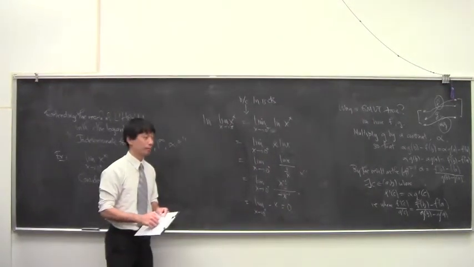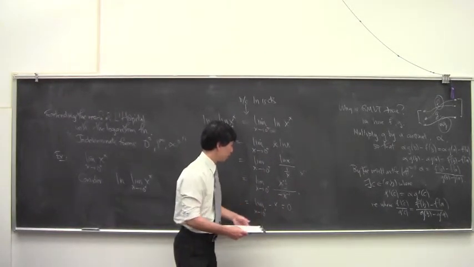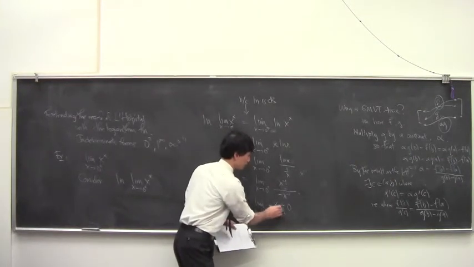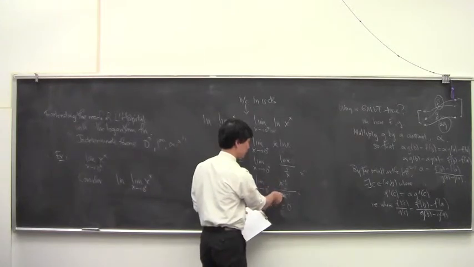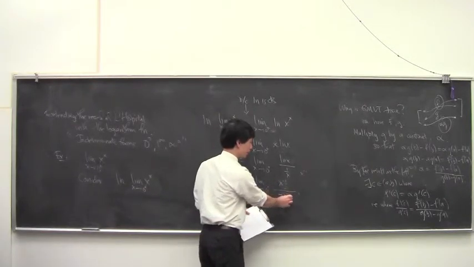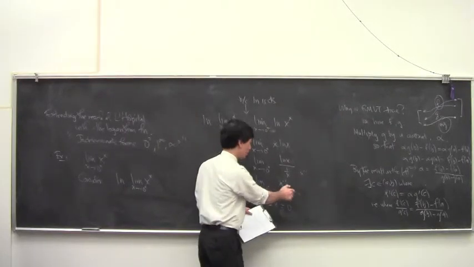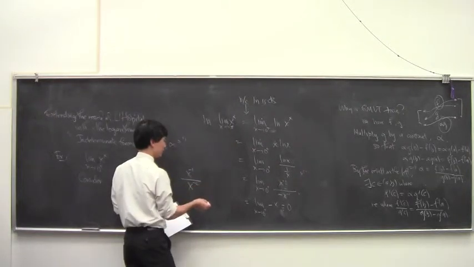How did you get that? How do I get which one? That last step. This last part here? No, the limit term. From here to here? Exactly. Yeah. Well, this is x to the negative 1. This is x to the negative 2. Right? So when I pull it up here, it becomes x to the positive 2. Right? So I've got x to the negative 1 over x to the negative 2.